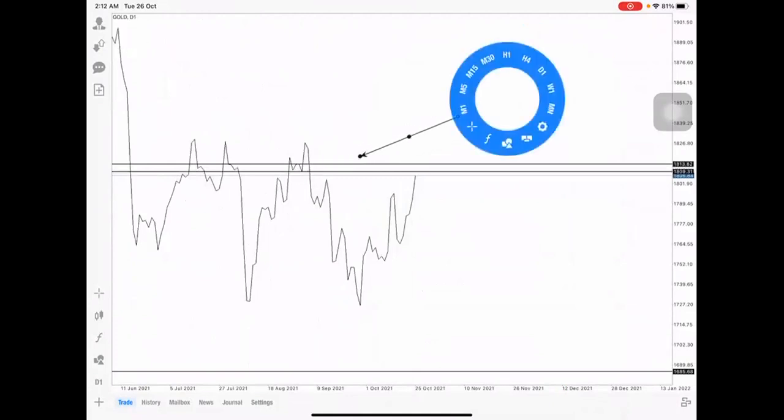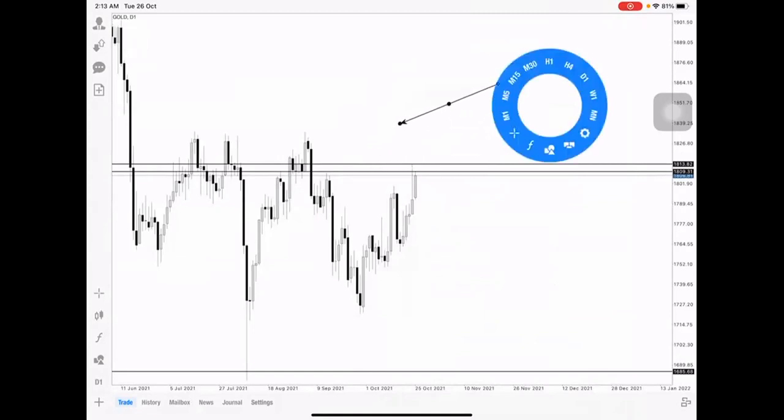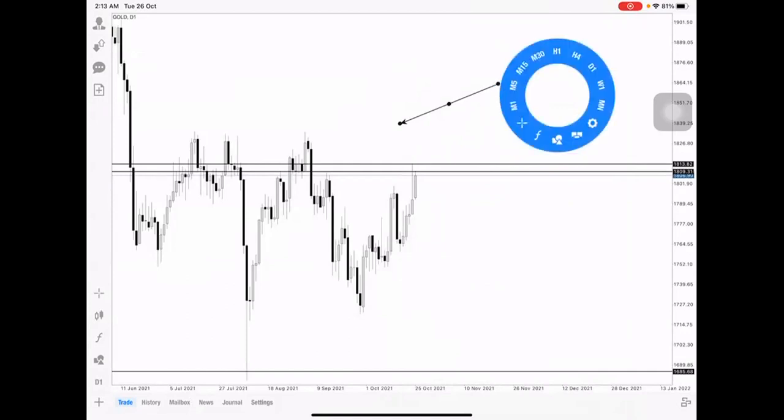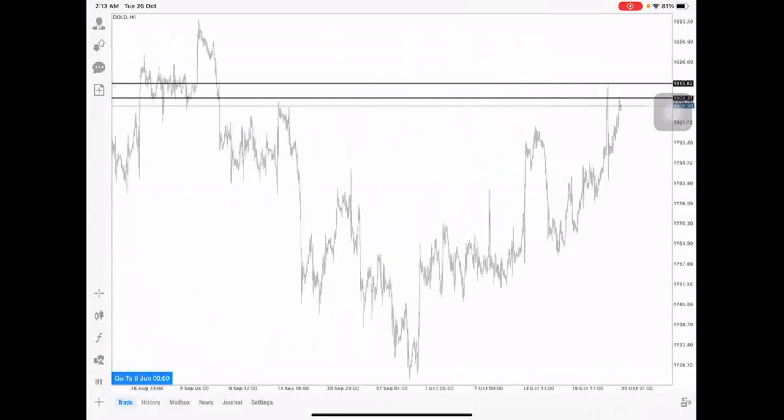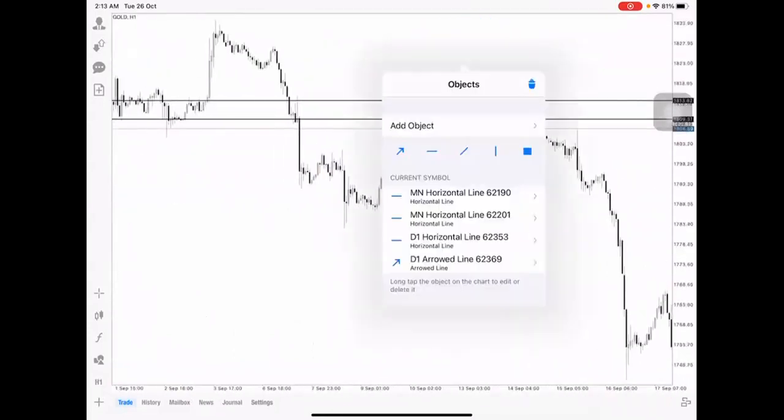So if you guys are paranoid about the market, what you must do: daily we go to H1, right? H1, at this level we also have breakout.